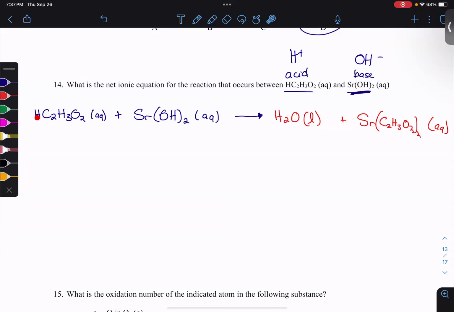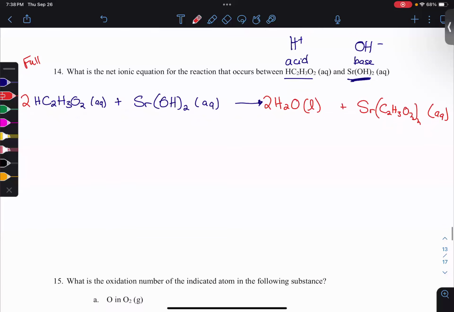So what should I put in front of the acetic acid? 2. Now I have 2 H pluses, but that's good because I have 2 hydroxides, so I will make 2 waters. Now this is balanced. I react 2 equivalents of acid with 1 equivalent of strontium hydroxide, noting there are 2 base units, to give water and strontium acetate. This is the full balanced molecular equation.